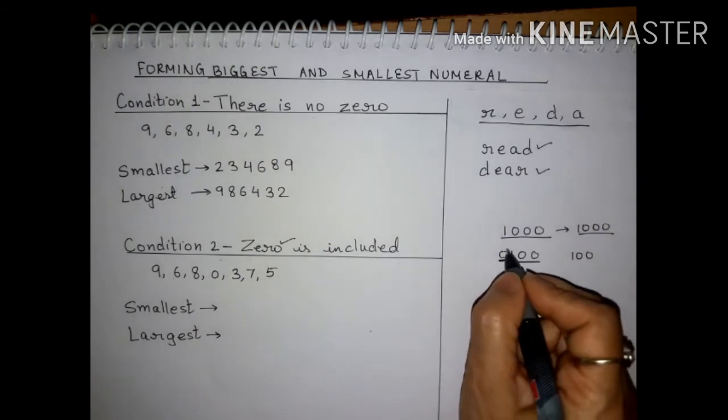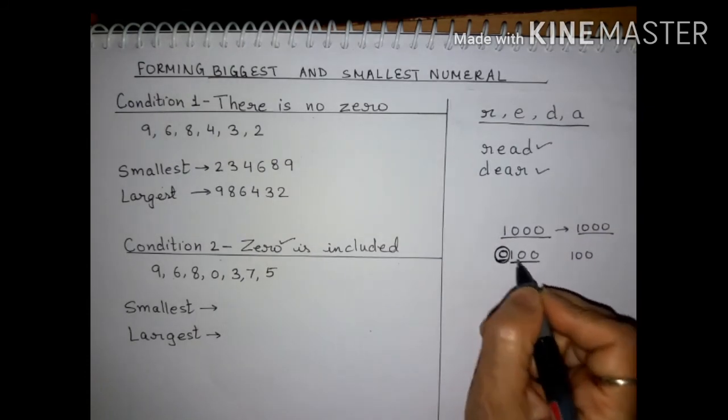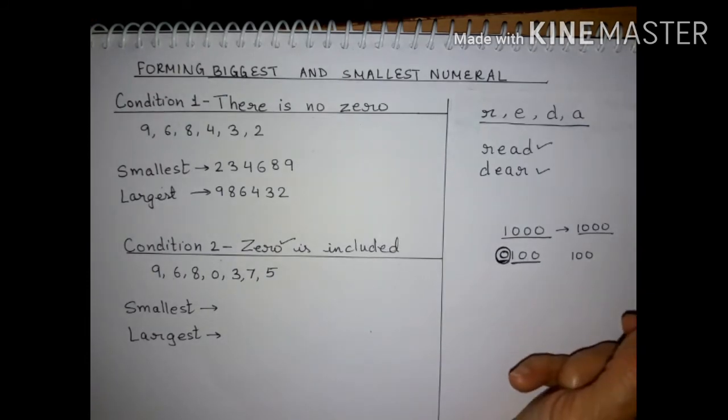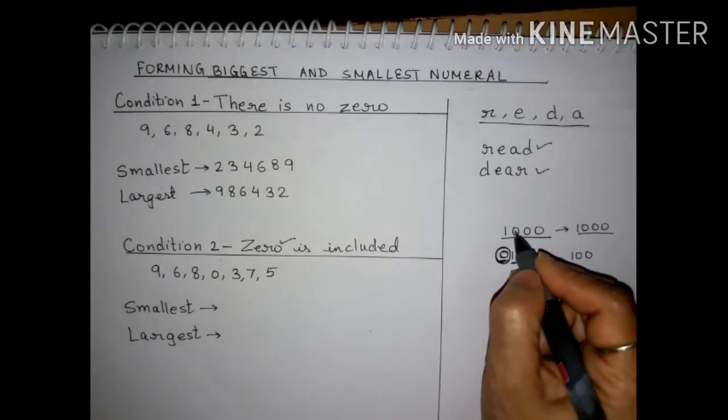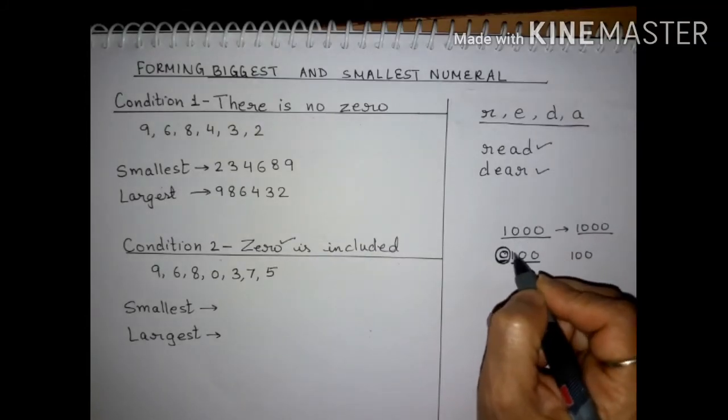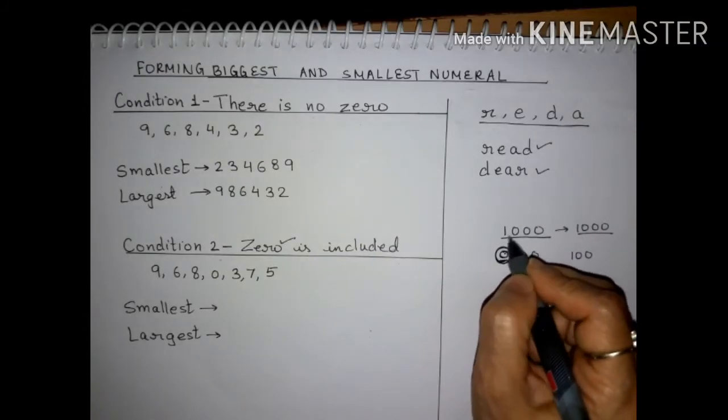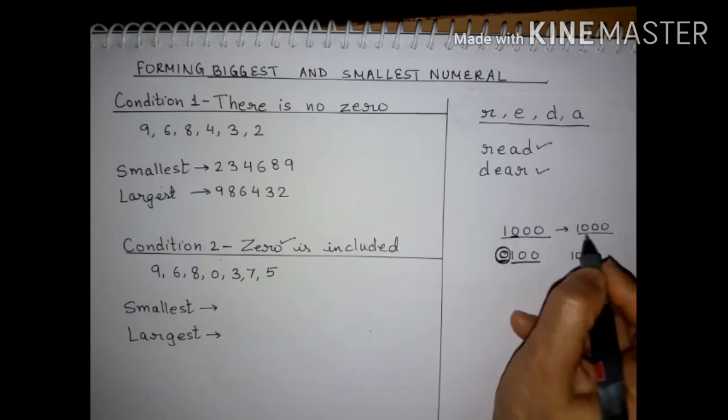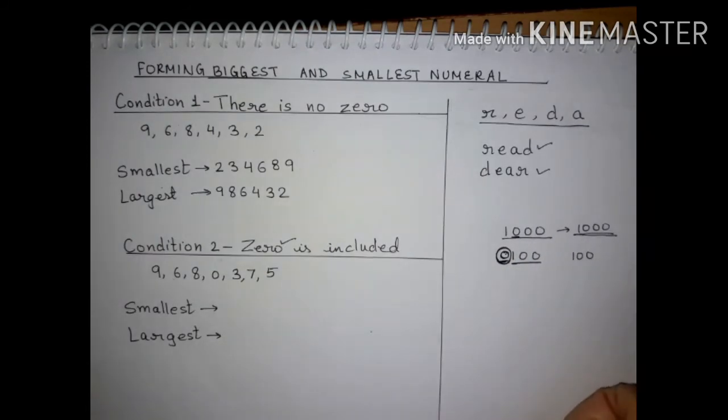Okay. So if the digit on the extreme left side is 0, it holds no meaning. This we have to take care of. But in this case, what has happened? The 0 is not before 1, it is after 1 here. So it has changed the whole value. Okay. So here also we'll follow the same.